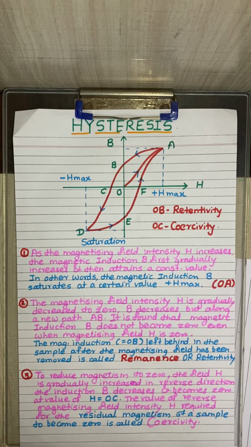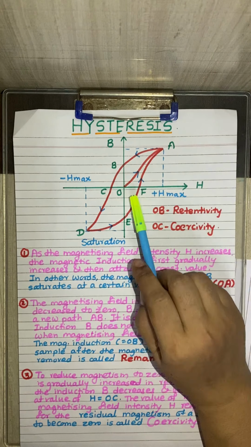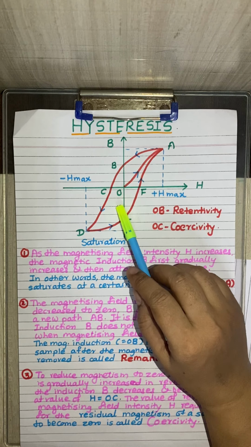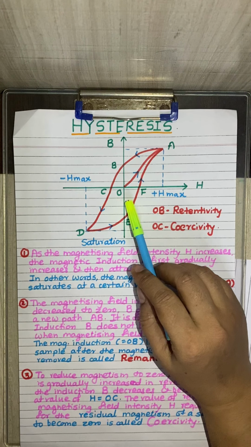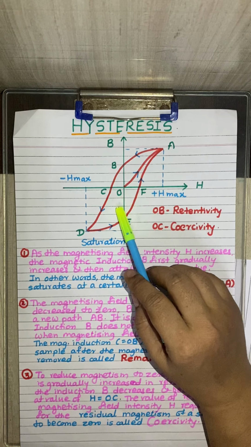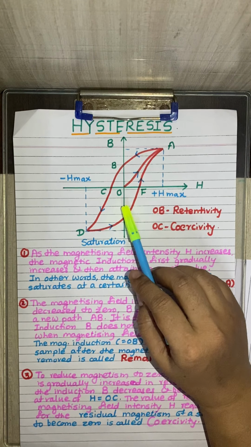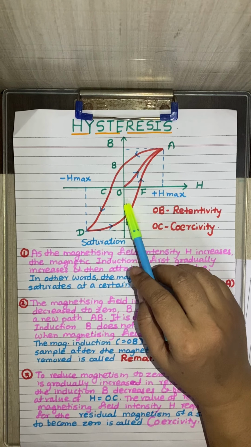So what is actually the practical importance of this hysteresis? This is very important, because by using this particular concept and procedure, we can generate different types of magnets. It may be an electromagnet, a strong magnet, a temporary magnet, or a permanent magnet.